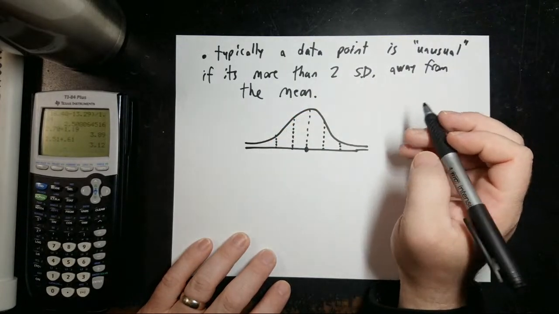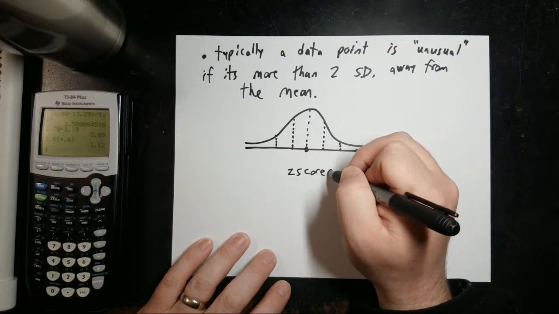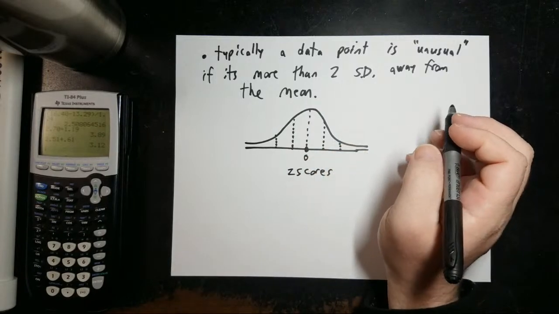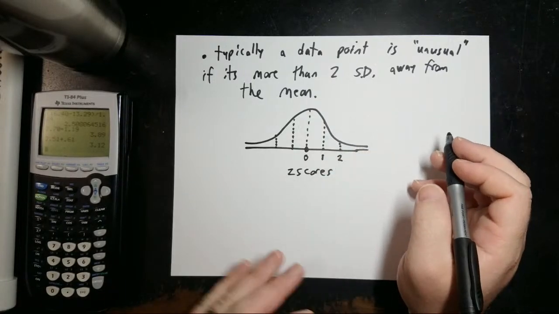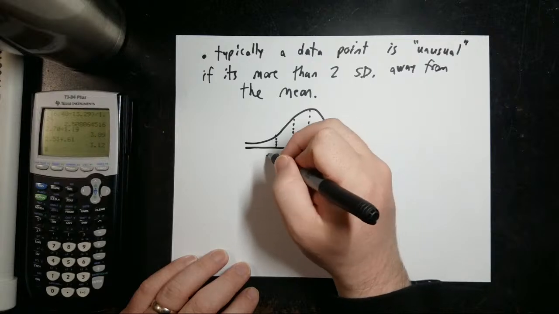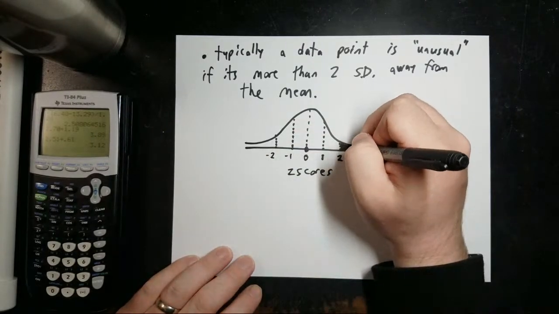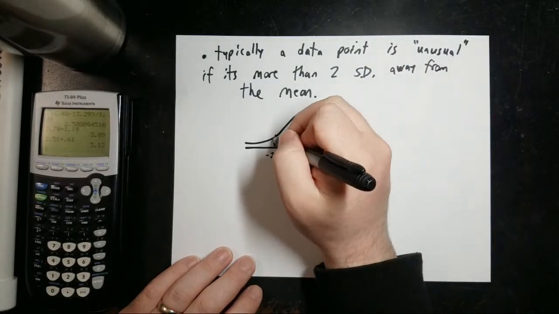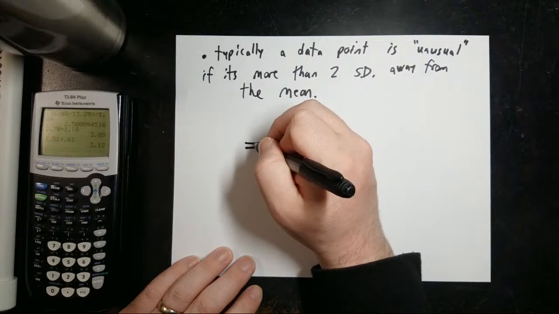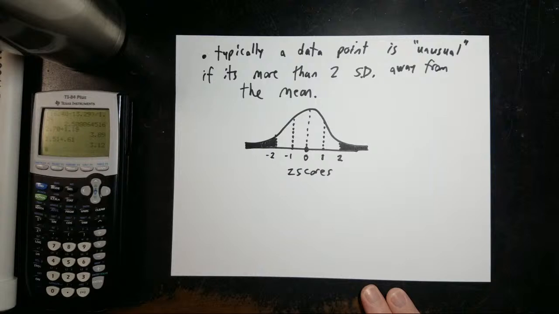Here's the normal curve. This would be z-scores along the bottom. A z-score of 0 means you're right on average. Z-score of 1, z-score of 2, meaning you're above average. Z-score of -1, z-score of -2, meaning you're below average. If you are more than 2 standard deviations or less than -2 standard deviations away from the mean, you are considered an unusual data point.